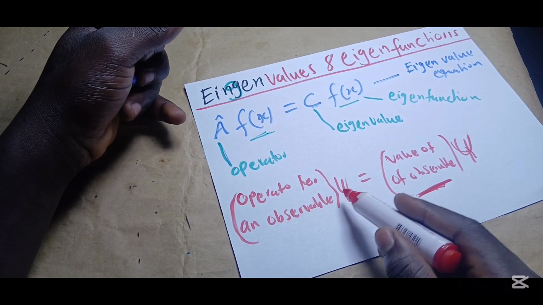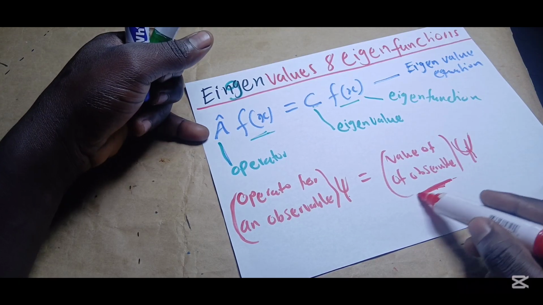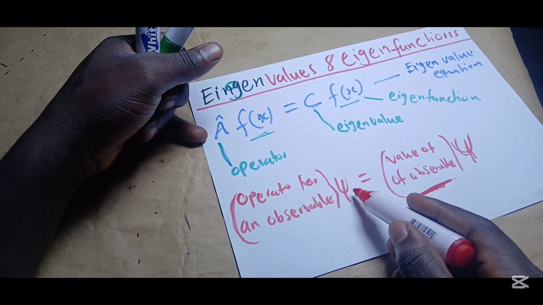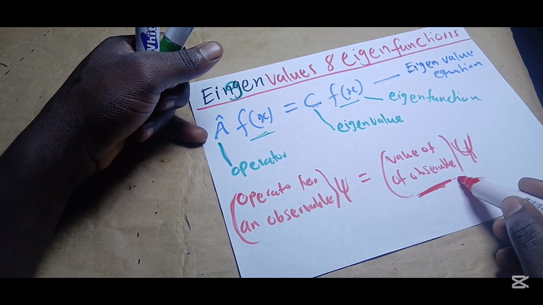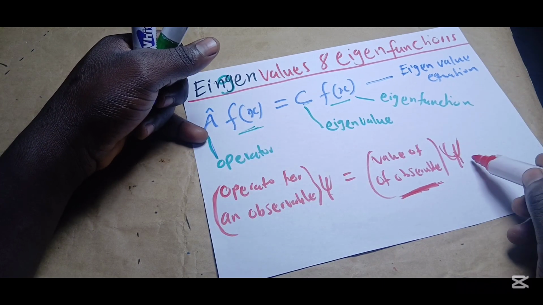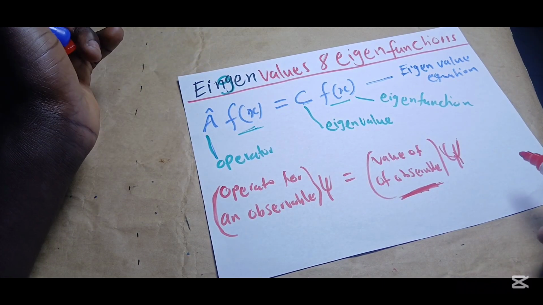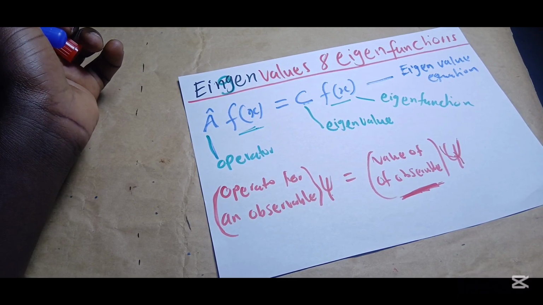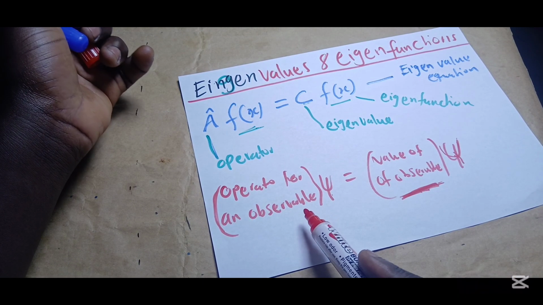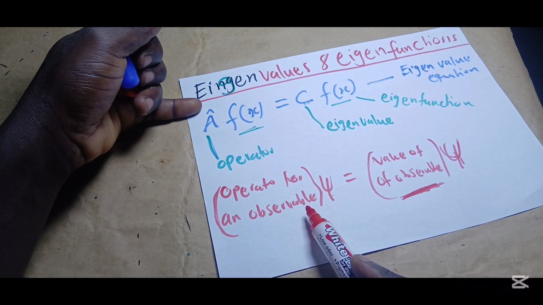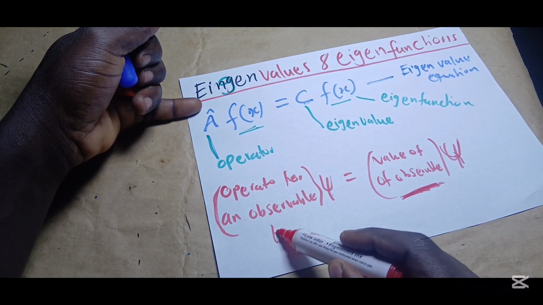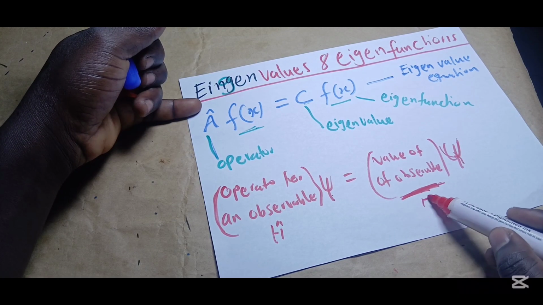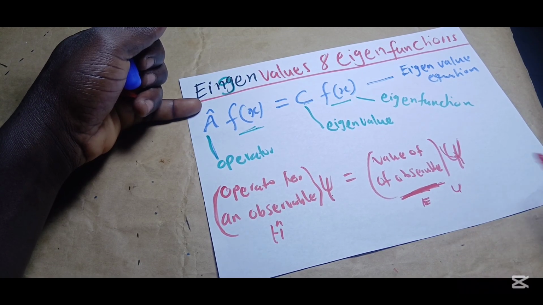Momentum operator on the wave function, we get the momentum value and the wave function. Position operator acting on the wave function, we get the position and the wave function. That is basically what it means generally. So if we are predicting the total energy of a system and we act the Hamiltonian operator on this, we get our predicted energy value plus the wave function back.